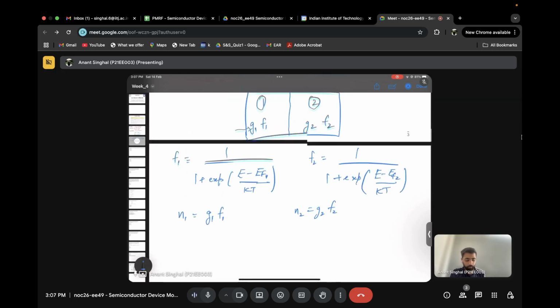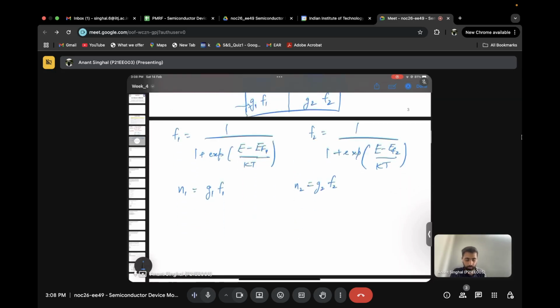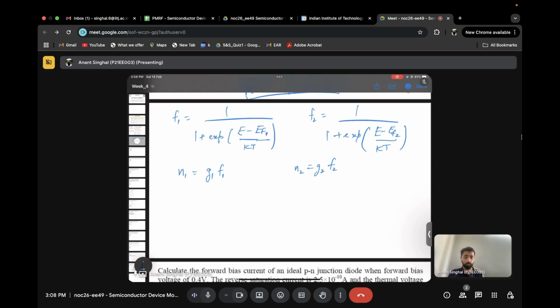Now we also need to establish the hole concentration, because we know that the total overall flux in a material going from N to P or P to N is always continuous. So P1 and P2. Anyone having any guess what would be P1?